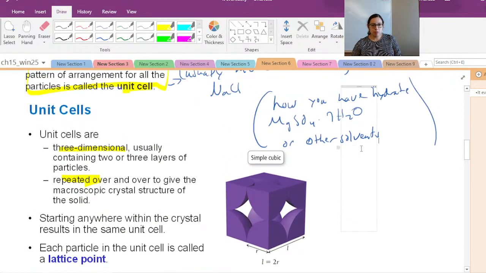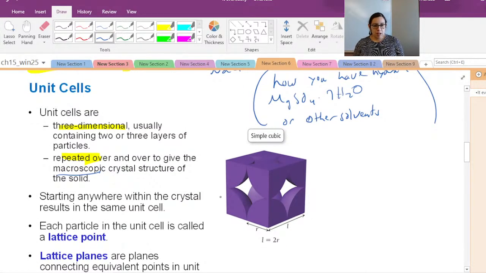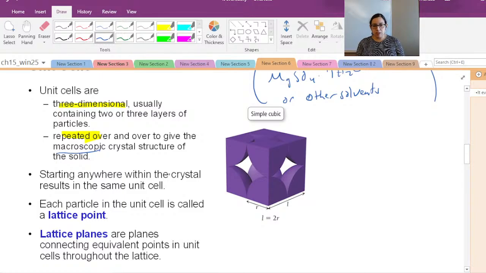And so again, right, repeated over and over so that we would get the macroscopic crystal structure. And again, this is saying as it repeats, so you can start anywhere and find this unit cell.